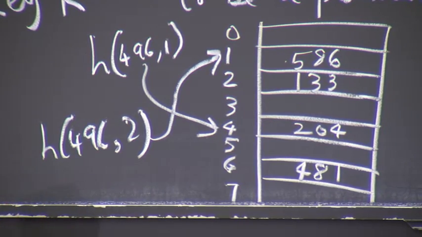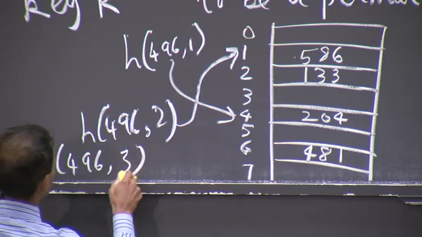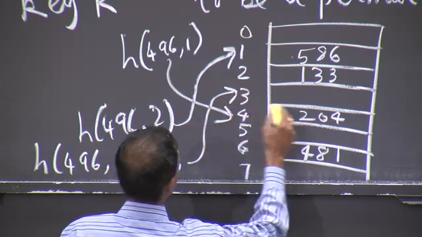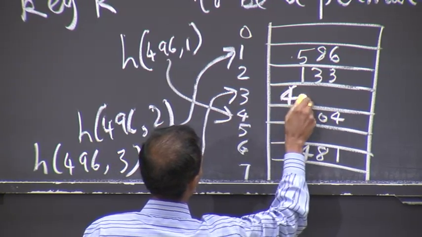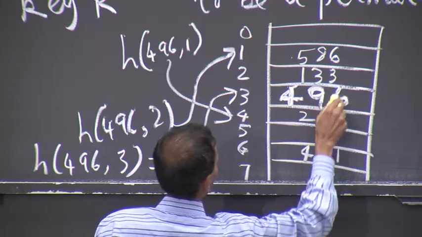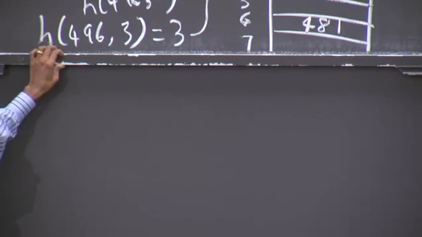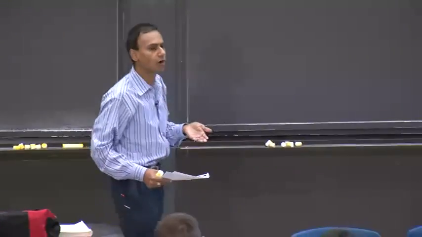And finally, it may be that h(496, 3), which is your third attempt, equals 3. So you go in and you say, great, I can insert 496, and let me write that in bold here, out there. All right? So pretty straightforward. In this case, we've gone through 3 trials in order to find an empty slot.